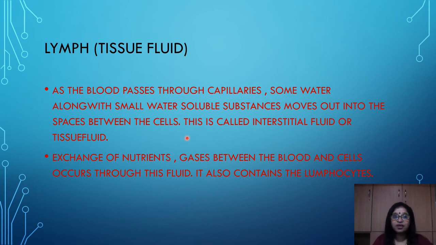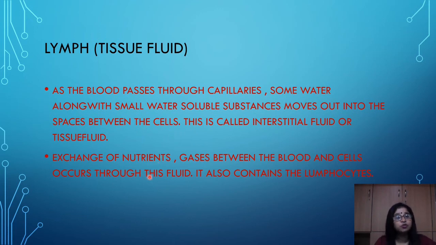So as the blood is flowing, the heart is pumping it with force through the capillaries, and because of the pressure, some amount of fluid along with small water-soluble substances will squeeze out into the intercellular spaces, which is also called the lymph or the interstitial fluid.